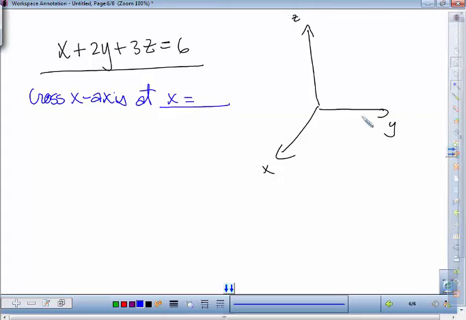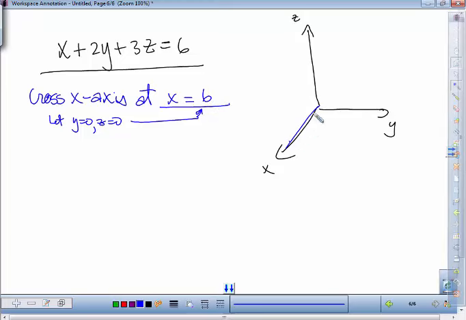So if y is equal to 0 and z is equal to 0, it looks like I should be up along my x-axis, right? So let's set y equal to 0 and z is equal to 0. And if I do that, x is equal to 6.